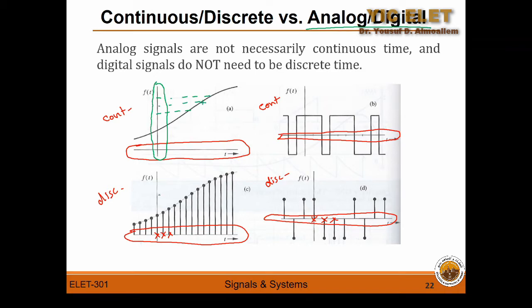There is no problem. Also in this plot here, it could take any value within a certain range on the vertical axis, and even if we try to check one of them in the middle, it is valid. We can define a function that gets this value. So at the left side, both are analog, so we call it analog.